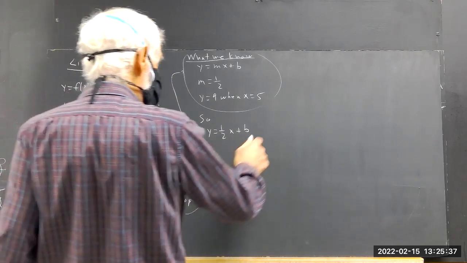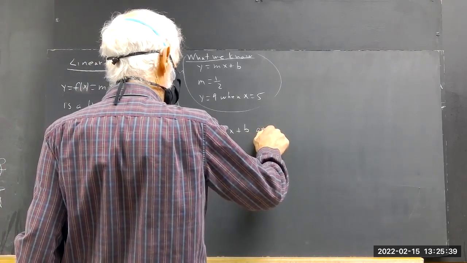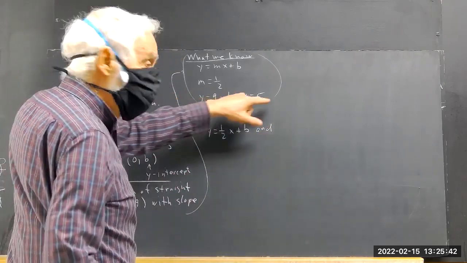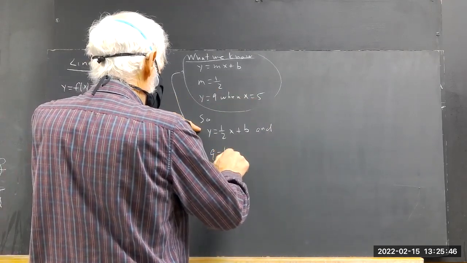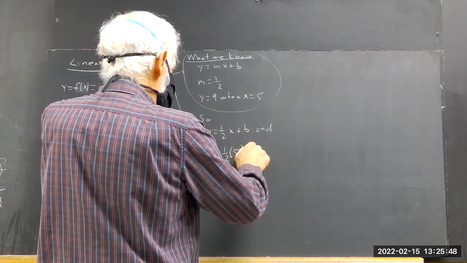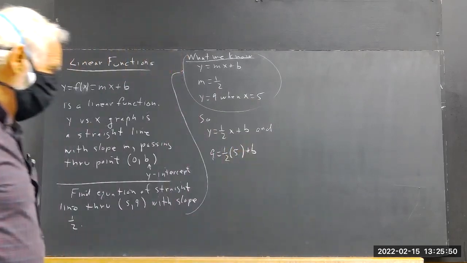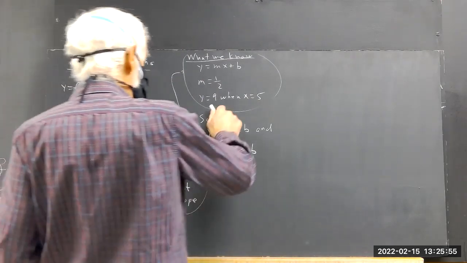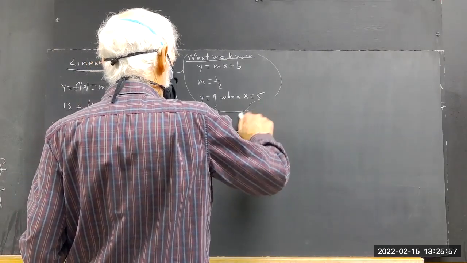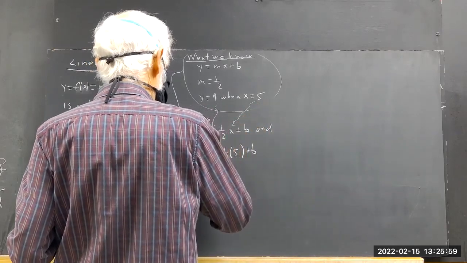And y is 9 when x is 5. Okay. And all we did here was we put the 9 in for y, and the 5 in for x, which gave us this.